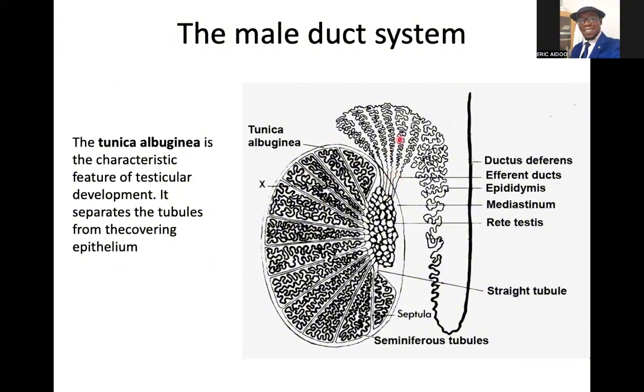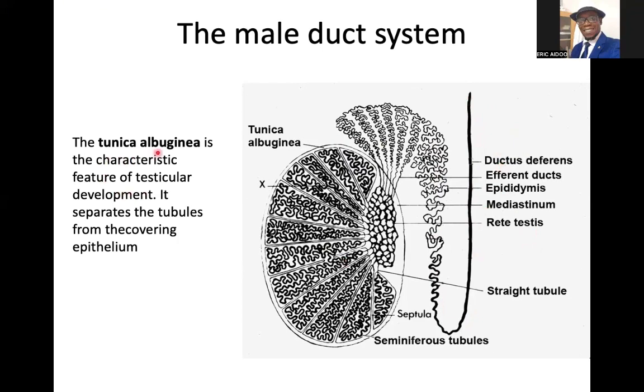Then you have the epididymis, which is also formed from the mesonephric duct. Then you go all the way to the ductus deferens, and then on you go to void the content into the urethra, and then it comes out. But obviously, it's going to pass through the prostatic region, prostatic urethra, before it gets to the penile urethra.